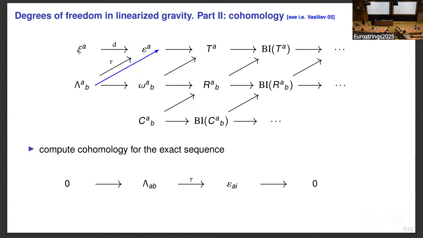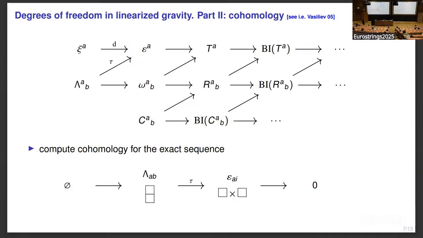And you see we have here our Lorentz parameter, and here we have our frame. And the Lorentz parameter is, of course, antisymmetric in these two indices. So we just put two boxes above each other, and the frame can in principle be everything. So this is box times box, which of course decomposes into an antisymmetric and a symmetric part.